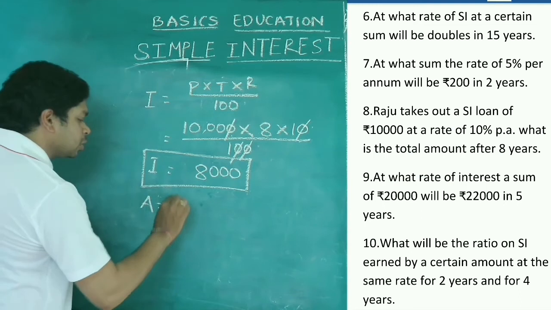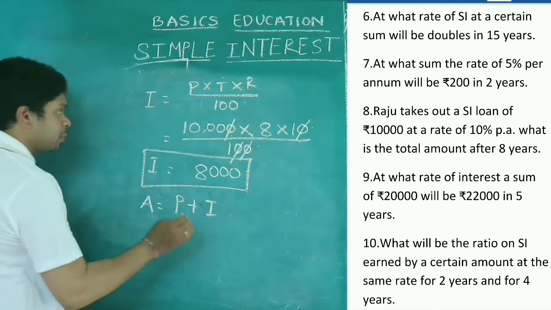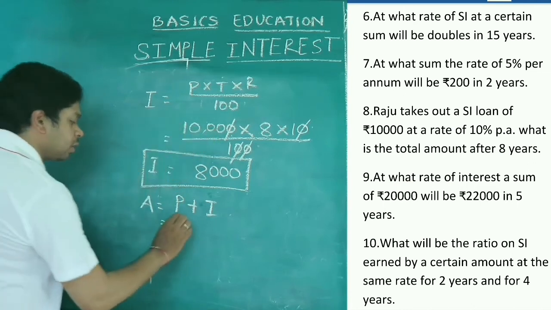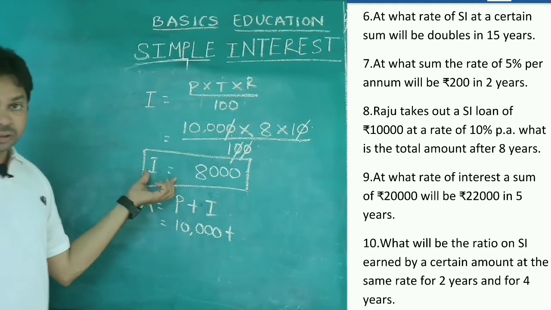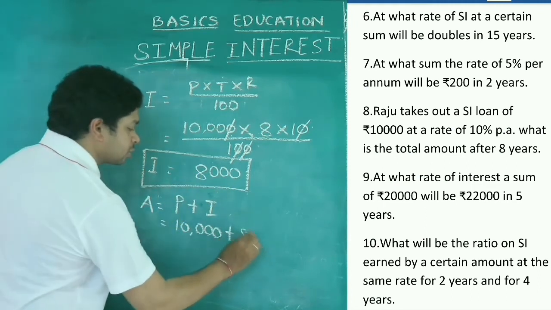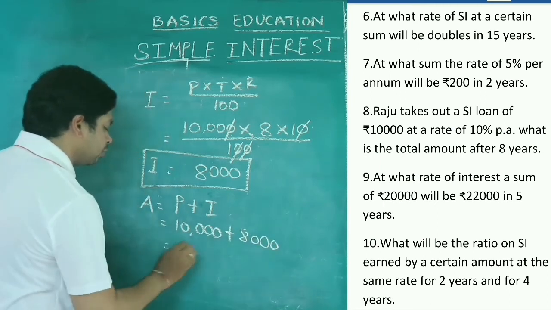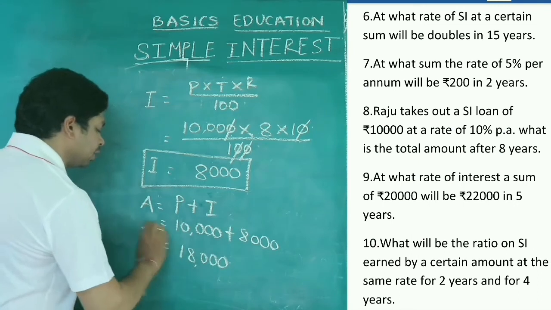Okay, so that is the principal he has taken, 10,000 rupees, plus the amount earned as a simple interest, that is 8,000 rupees. Then we will get 18,000 rupees total after 8 years on a particular amount, 10,000 rupees. Okay.